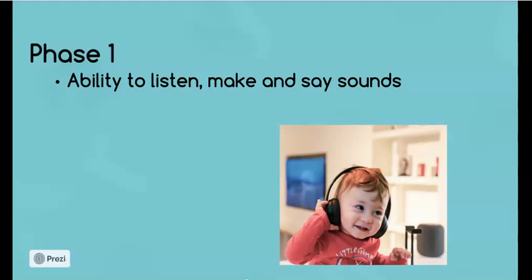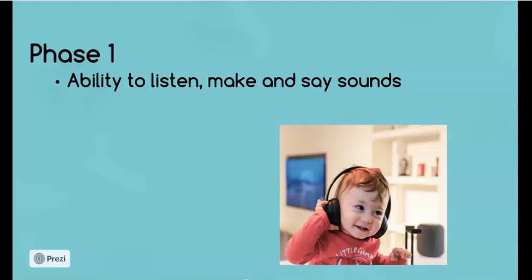As they start to recognise sounds, this is why it's really important, and I can't emphasise enough why it's important to talk to babies. Some people think it doesn't make sense because they can't respond, but they're listening all the time, and as they progress, then attend nursery and school, and get older, the more sounds they've heard and been exposed to, the easier they will find it to be able to hear and say sounds as well.